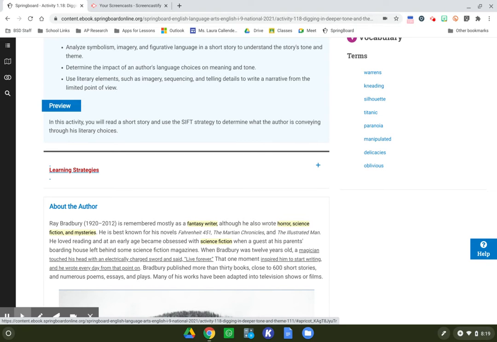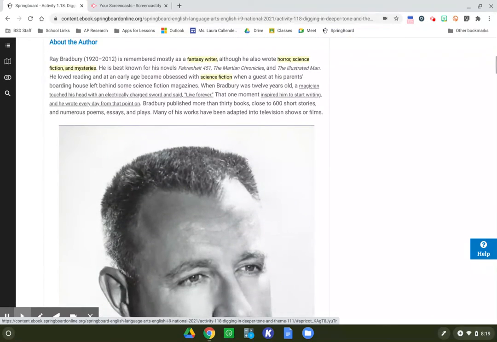All right, so figuring out theme sometimes involves understanding a little bit of context. So knowing a little bit about the author can help you to start to think about those themes. This story is written by Ray Bradbury. While I'm not going to read the whole About the Author box to you, I am just going to point out that I've highlighted and underlined a few things that I think might help.